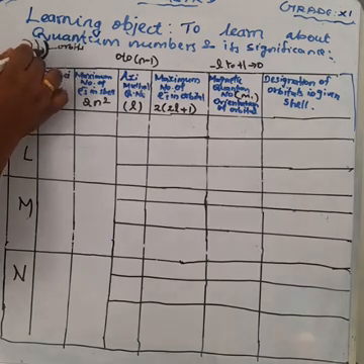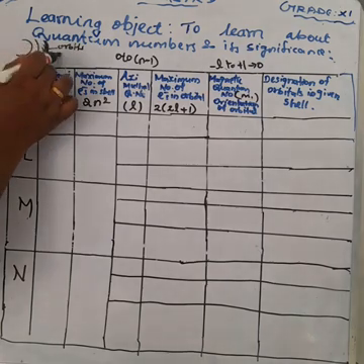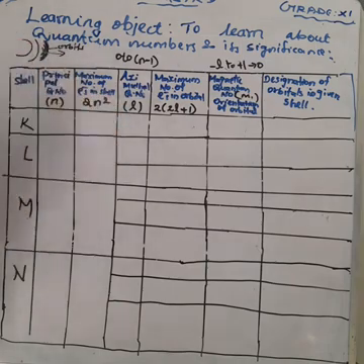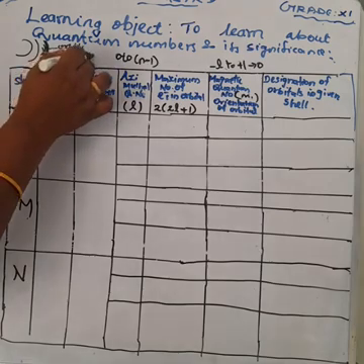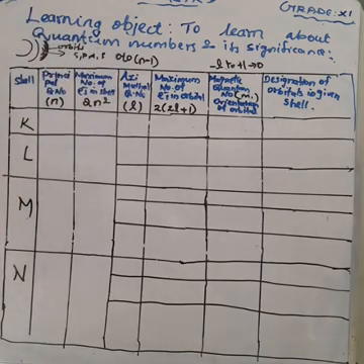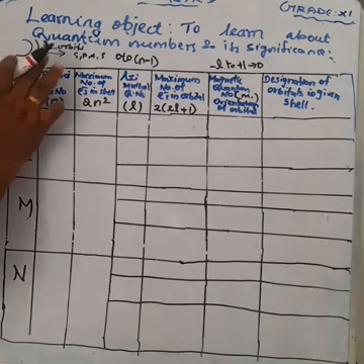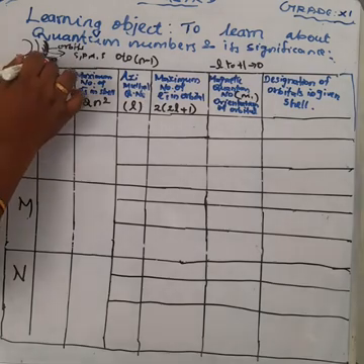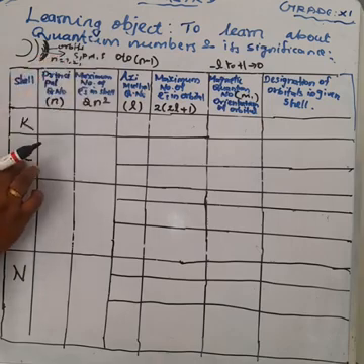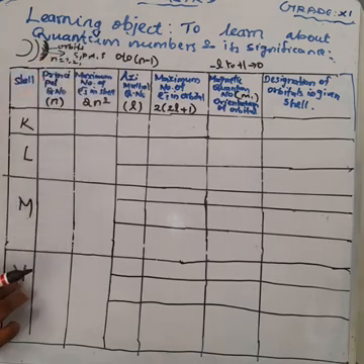What subshells are there? S, P, D and F subshells. Each shell has its l values, depending on the principal quantum number n: n is 1 for K, 2 for L, 3 for M, 4 for N. The azimuthal quantum number small l indicates the subshell.